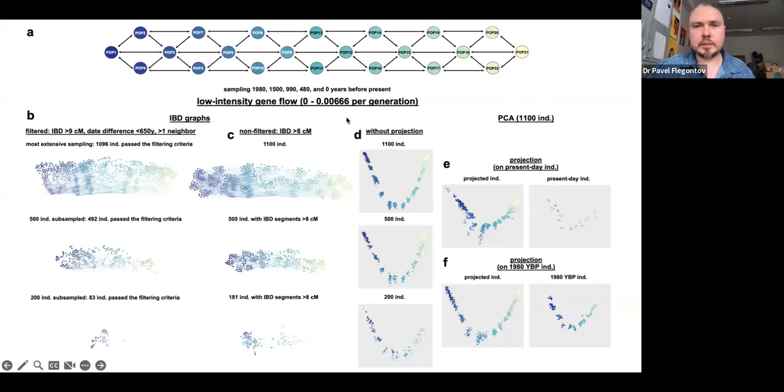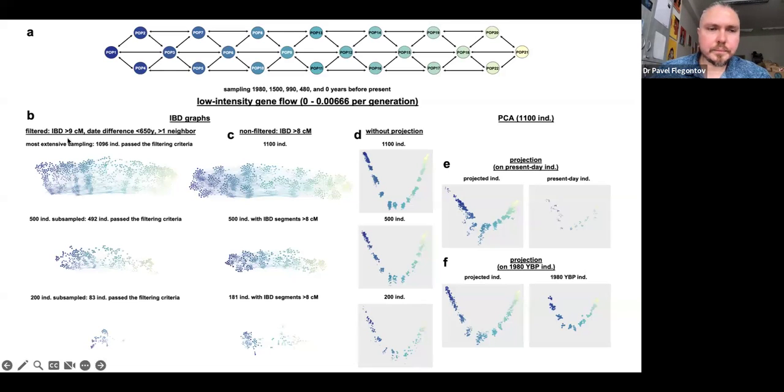So we simulated a very simple, nearly one-dimensional landscape composed of 22 demes arranged on this triangular lattice. And again, with bidirectional gene flows between them and with randomized gene flow intensities. And then we sampled each deme relatively densely at 5 points from 0 to approximately 2,000 years before the end of the simulation, so before present in simulation time.